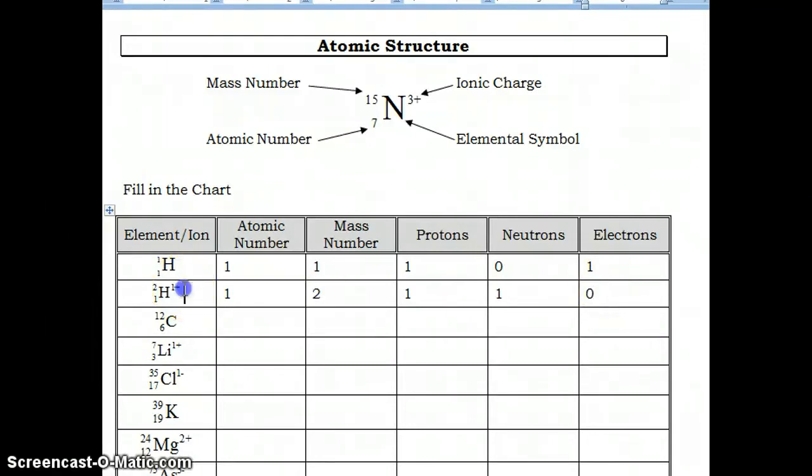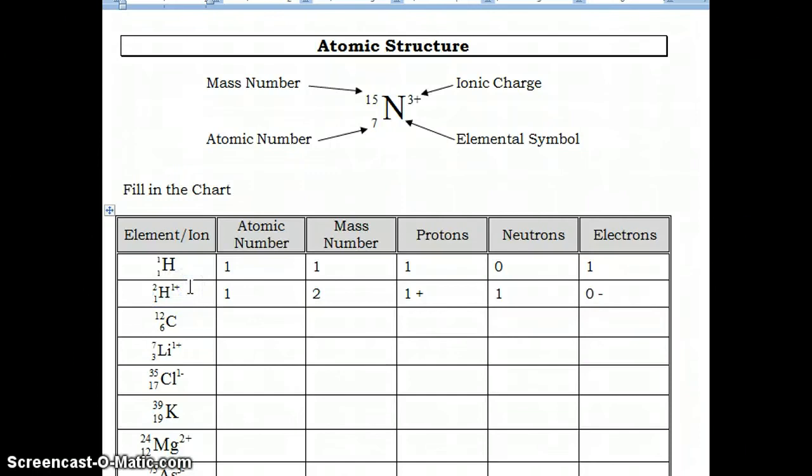Again, that's coming from the fact that this hydrogen has a positive 1 ionic charge. So that positive 1 ionic charge means no electrons, because there is only 1 proton, and that proton has a positive charge. And the electron, of course, has a negative charge. Positive 1 plus 0 means positive 1, which is what we have on our ionic charge number over here.